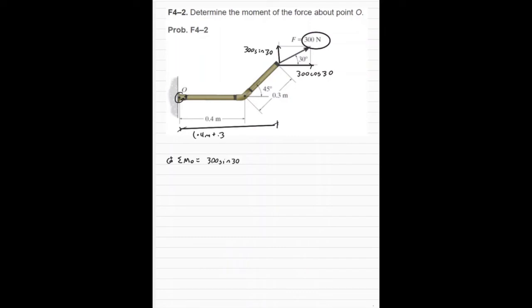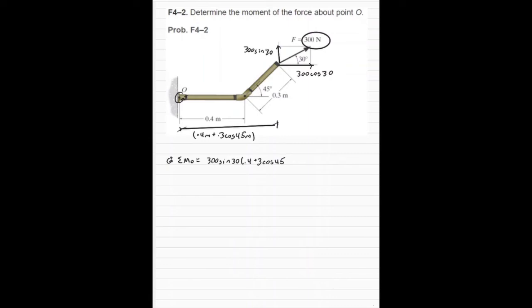However, it's at that 45-degree angle, so we're going to adjust for that by multiplying by cosine of 45. That is our distance that is perpendicular to that 300 sine of 30 that we're going to be multiplying on to find the moment. So it's 0.4 plus 0.3 cosine of 45.